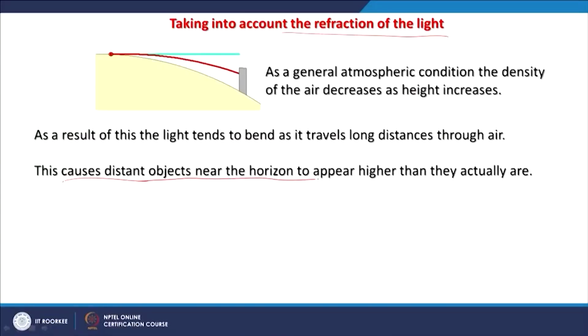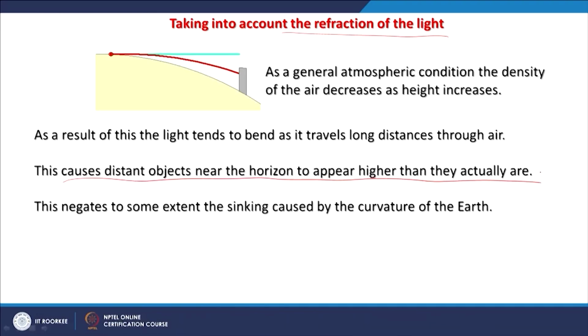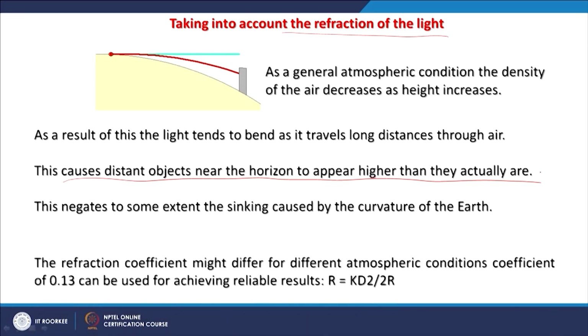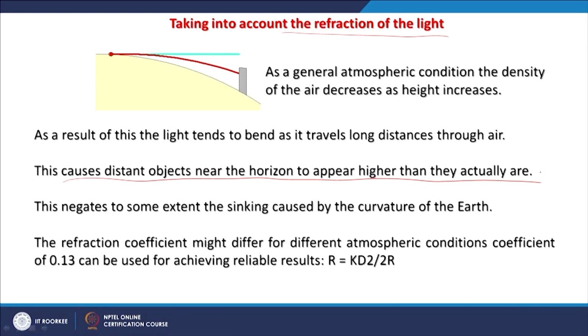So it will add further inaccuracies in our line of sight analysis, which will cause distant objects near the horizon to appear higher than they actually are. And this negates to some extent the sinking caused by the curvature of the earth. And the refraction coefficient might differ for different atmospheric conditions, which are dynamic. So this adds one more complication.